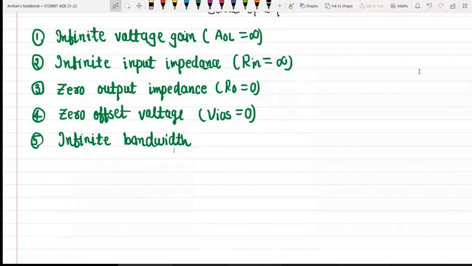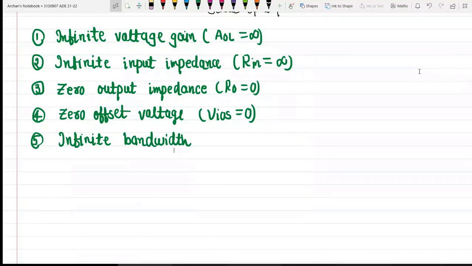Whenever we talk about the bandwidth, it indicates the maximum and minimum values of the frequency. So in between this frequency, whenever we are operating our operational amplifier, it will give us satisfactory performance, the true output. And if we have another frequency which does not provide us satisfactory output, then this is out of the range of this bandwidth.